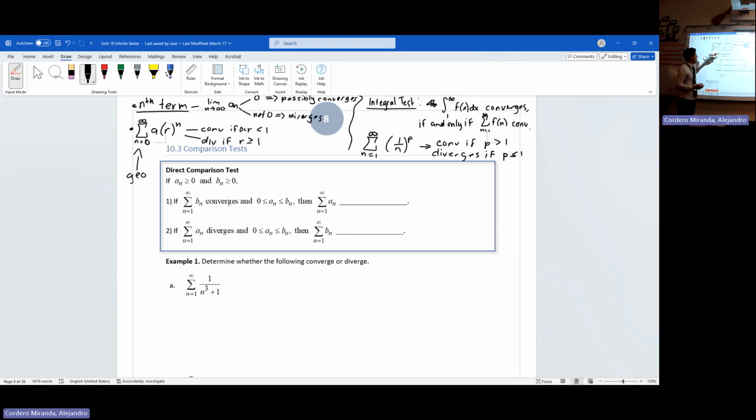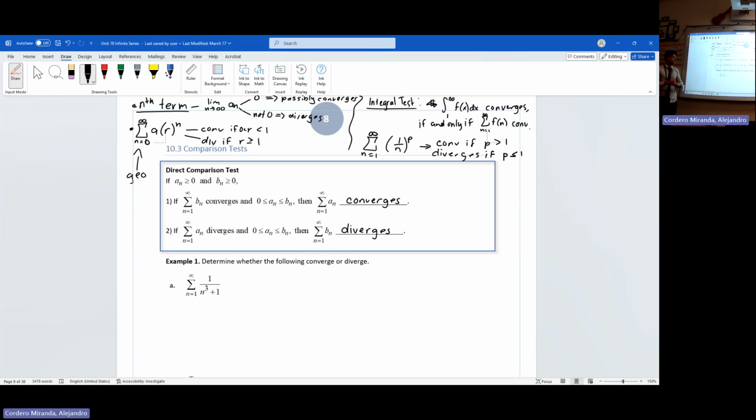More specifically, if you've got a series and there's a bigger series that converges, then the original series must also converge. Or if you've got a series and it is bigger than a divergent series, then the original also diverges.